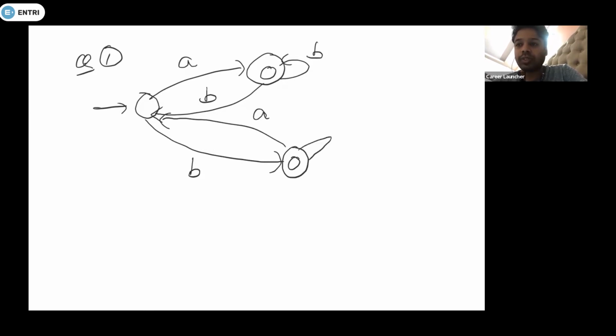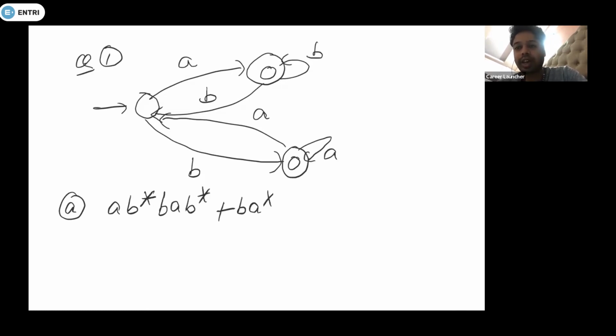So a finite automata is given here. There are four regular expressions given here. Option A is a b star, b a b star plus b a star, a b a star.